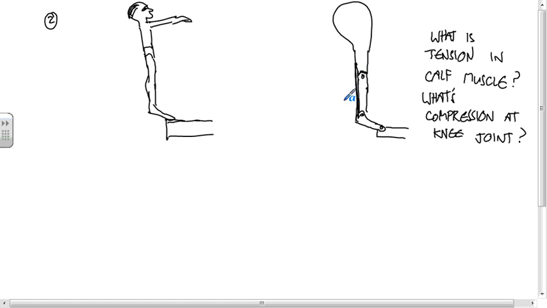And these are the kind of things you would use a calculation like we're going to do in statics to figure out what's the likelihood of injury, or if there's any way you can optimize this position to, you know, put a smaller requirement on the bone or on the muscle or whatever. Okay, so these are the kind of calculations that we'll be dealing with in statics.